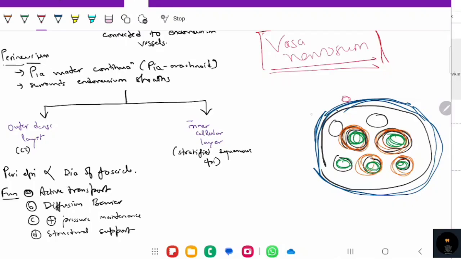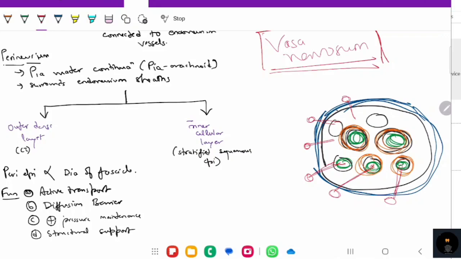Right. Now understand something over here. In the epineurium, these are, let's say, the vasa nervosum. So vasa nervosum's only job is not to supply epineurium. While they travel along with the epineurium, they send out small channels inside, which penetrate the perineurium and directly go to endoneurium.